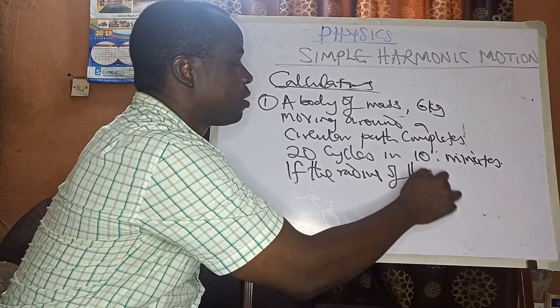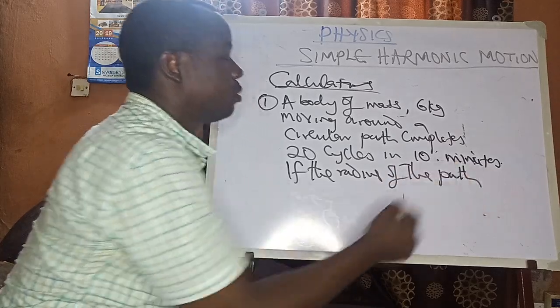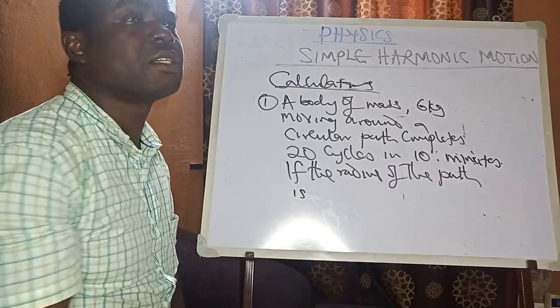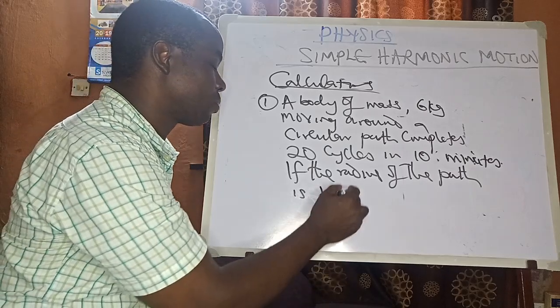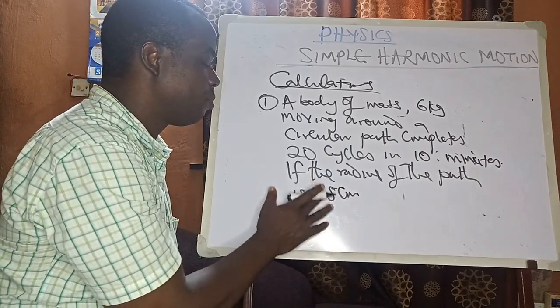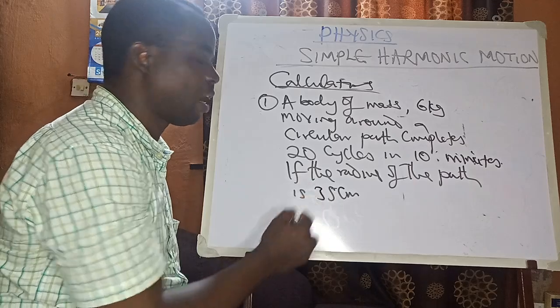of the path is, let us take the radius to be 15 centimeters, or let me use 35 centimeters.